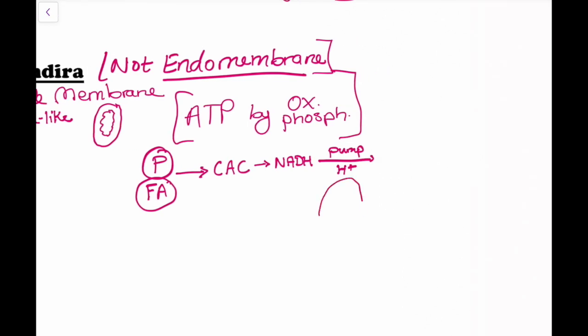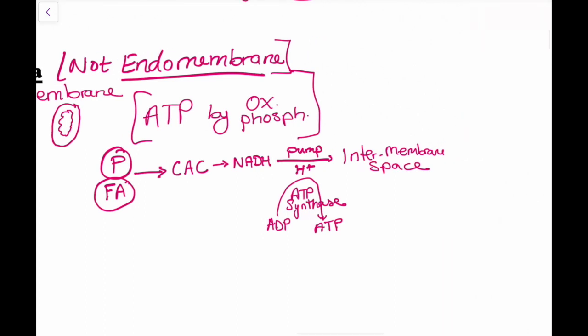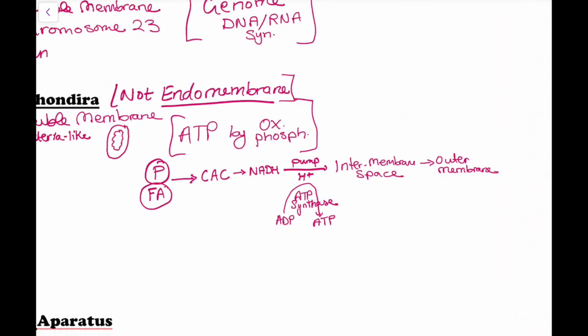And with the help of ATP synthase, you convert ADP into ATP. And that is going into the intermembrane space of the mitochondria. And then that gets pushed out to the outer membrane. So that was our ATP and mitochondria.